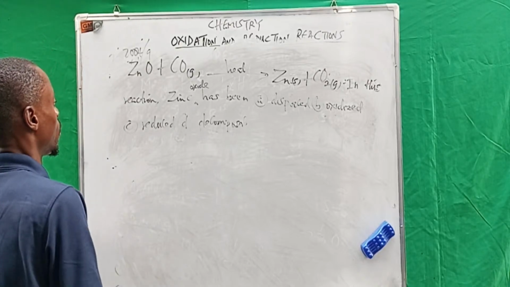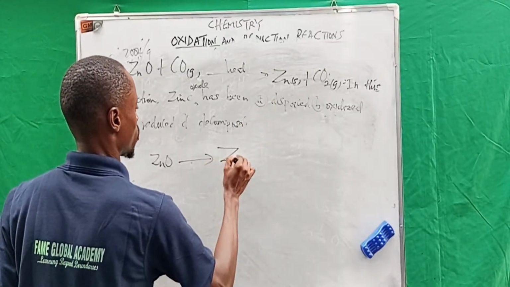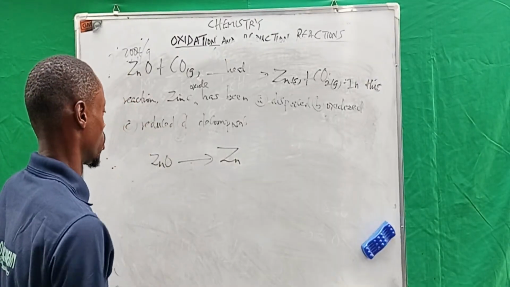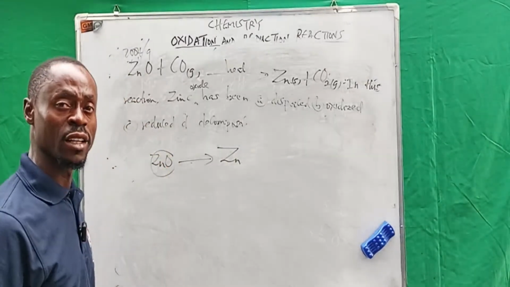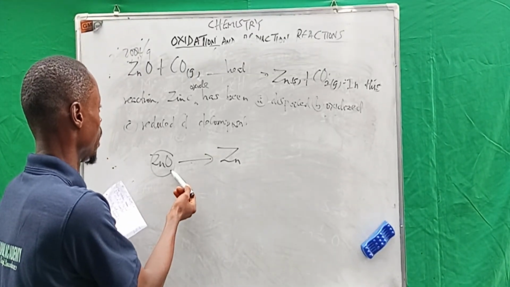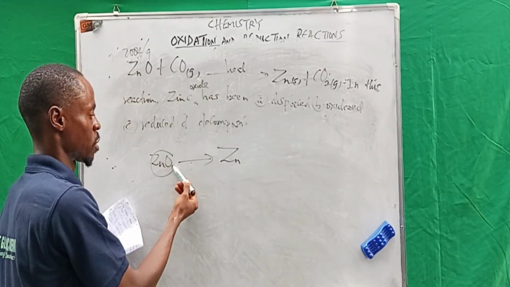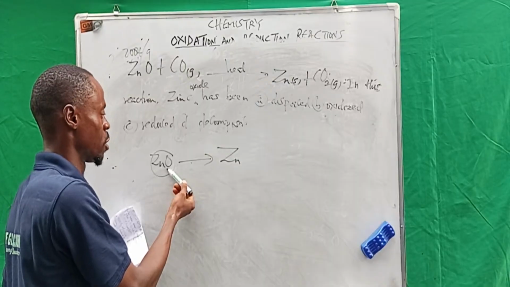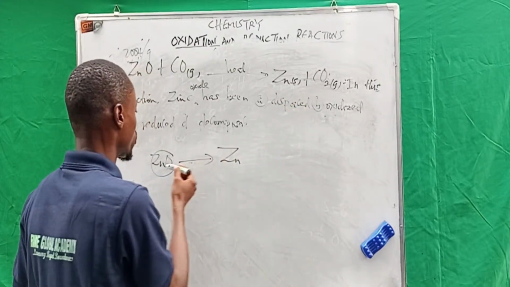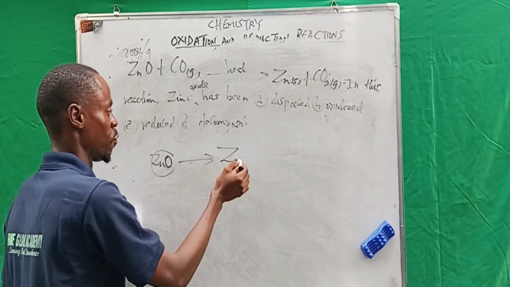This is zinc oxide to zinc. So what has happened to zinc oxide in this reaction? Looking at this question critically, it is quite simple to answer. This is a species which is a reactant. Before it reacted with CO, it was zinc oxide, zinc bearing or carrying oxygen. But at the point that products are formed, the oxygen that it was bearing is no longer present, leaving just zinc.